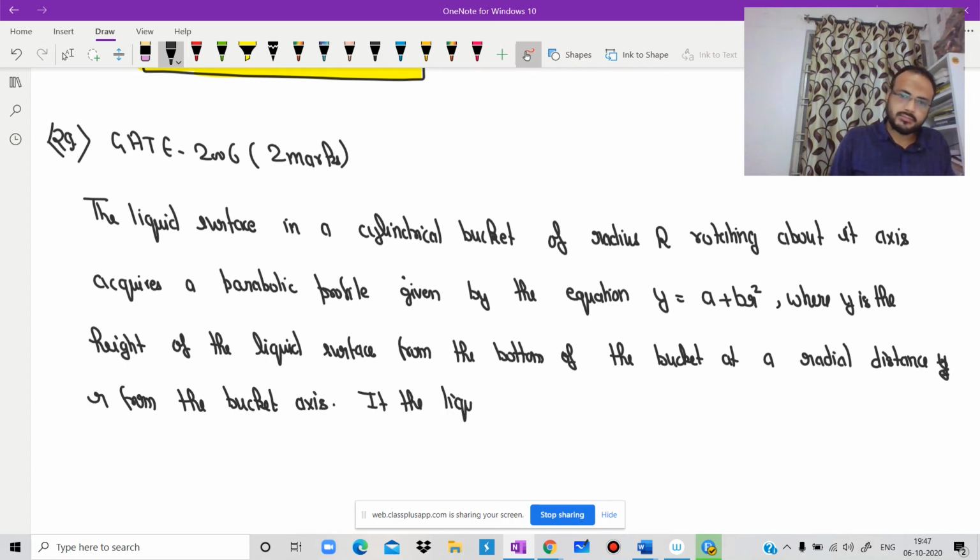If the liquid has density rho, then the mass of liquid in the bucket.